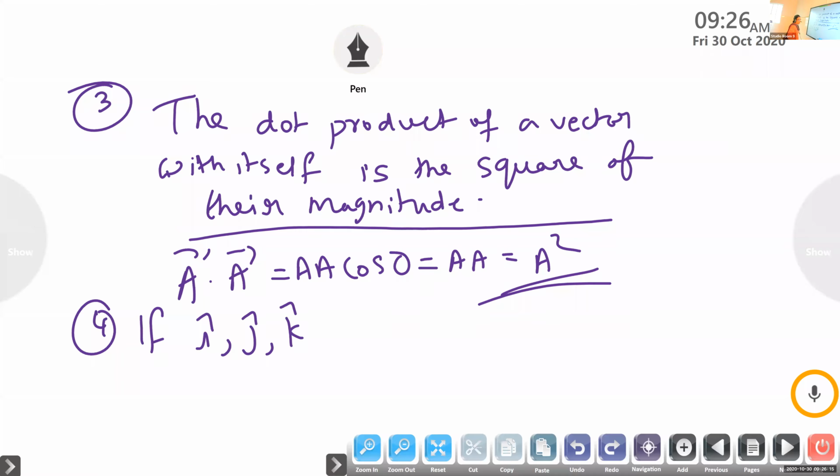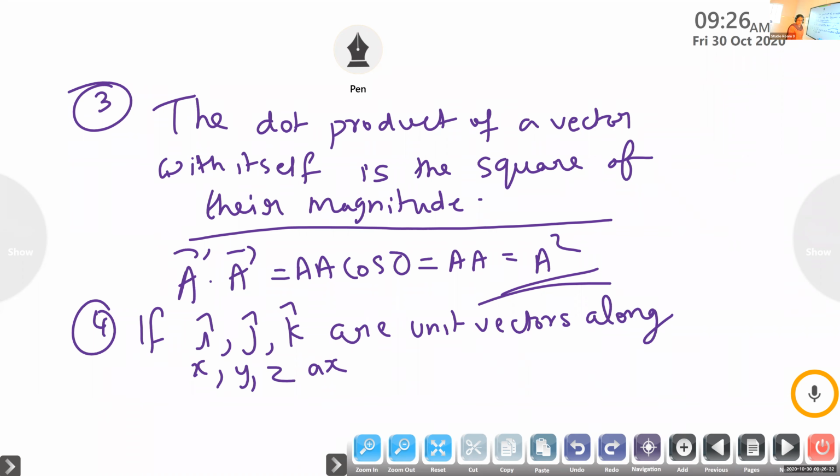So this is i cap, j cap, k cap. That is unit vectors. Suppose i, j, k are the unit vectors along x, y, z directions respectively.